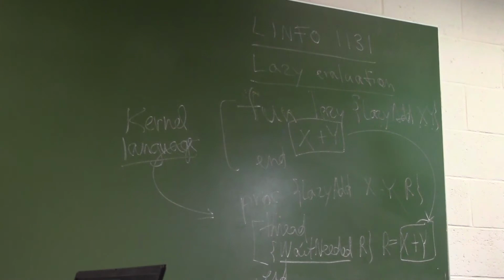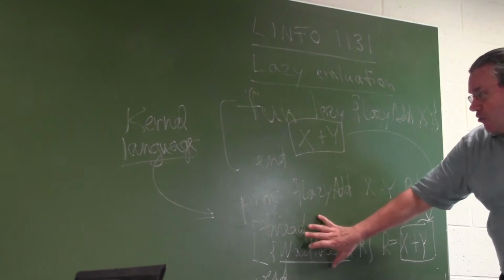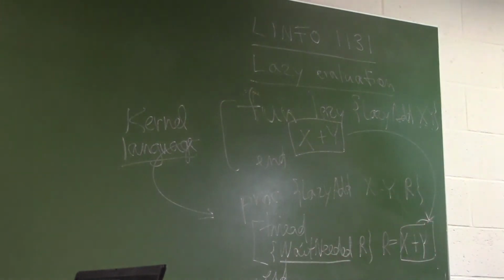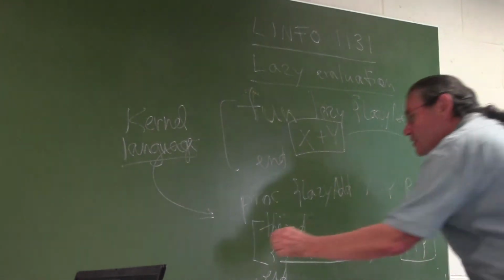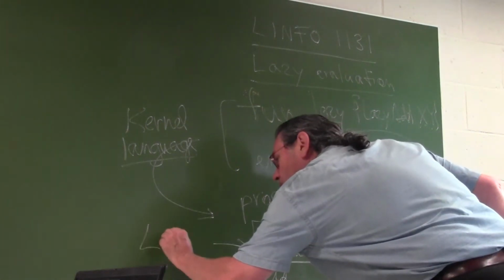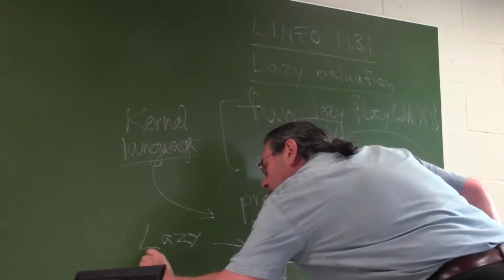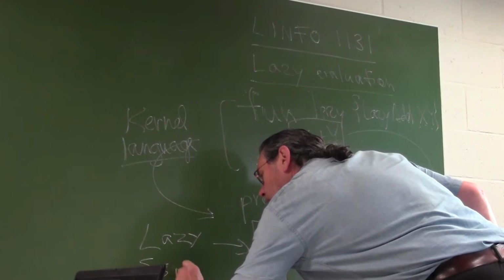I'll show you in a minute how that works. And when the result is needed, then it computes it, x plus y. So r equal x plus y. That means when you call the function, it creates this thread that waits. Okay? So this thing, I call it a lazy suspension.